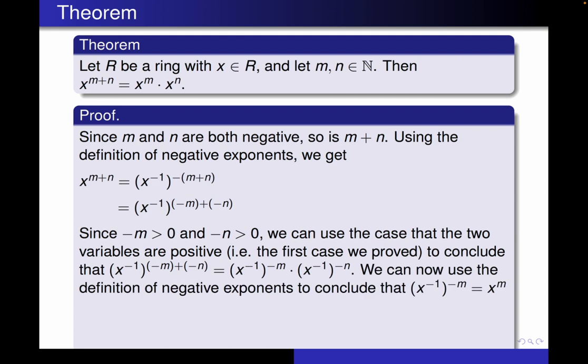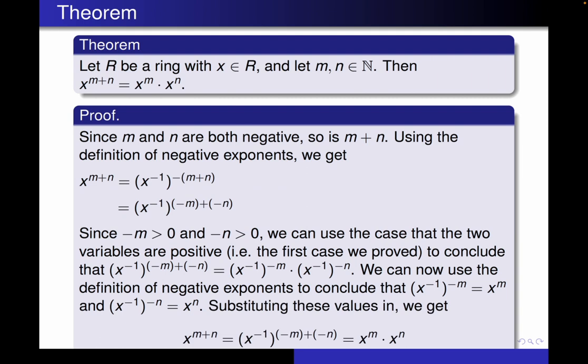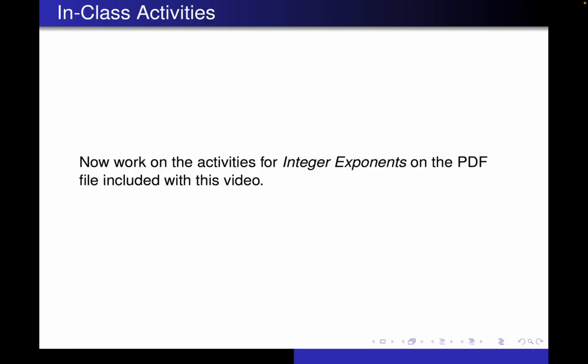The definition of x^m when m is negative is (x inverse) to the negative m. And the very definition of x^n is (x inverse) to the negative n. And so we can just substitute those in, and we get x^(m+n) equal to x^m times x^n.